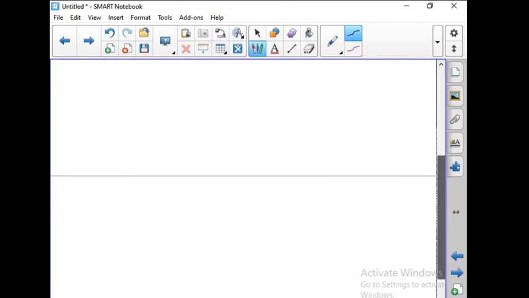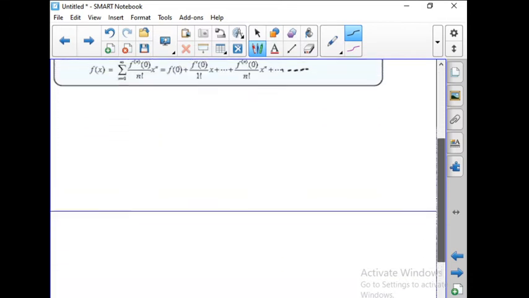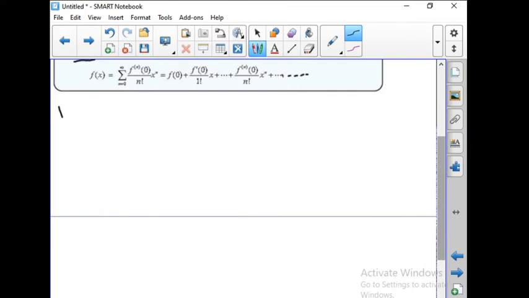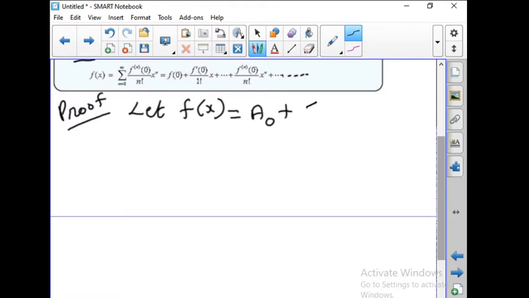Okay, now we will see the proof of the theorem. So the series of f of x in powers of x minus a, we write: let f of x is equal to a naught plus sigma n is equal to 1 to infinity.